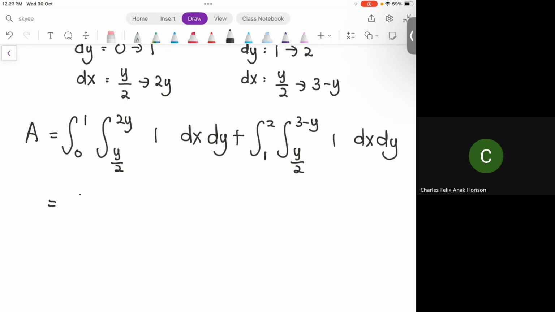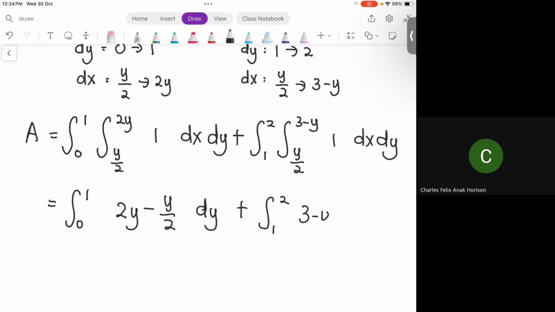Let's solve it, performing the integration with respect to x. You get the integral of 2y minus y over 2 dy, then plus the integral of 3 minus y over 2.